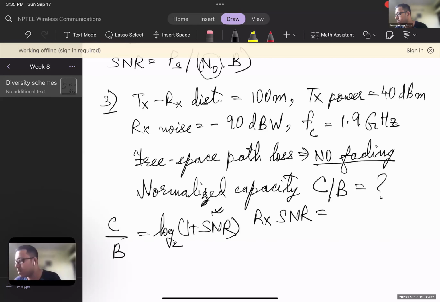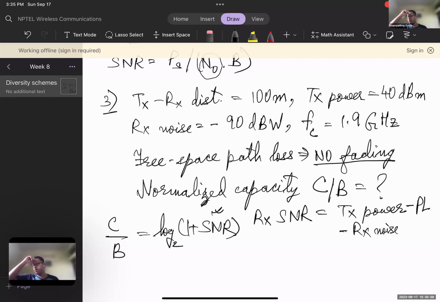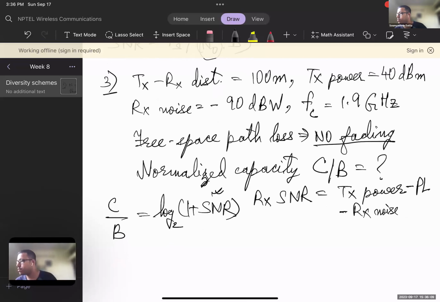So received SNR is firstly transmit power, so I'm transmitting at a certain power, minus the path loss, there is no fading, minus the receiver noise power. There can be more things also. There can be fading, shadowing, and all of that. All of that figures in this received SNR expression, so you might have to include all that in some questions. But this question is very simple. You just have to compute all of this.